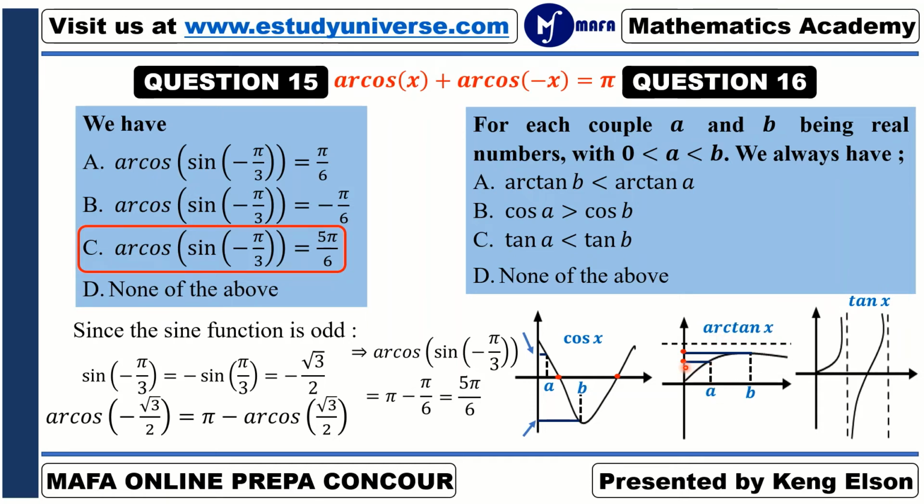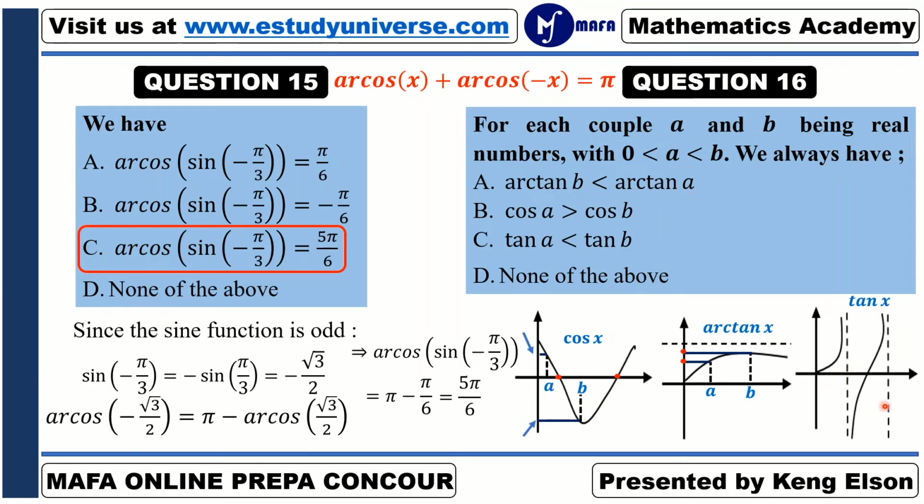Arctan A is below arctan B because A is less than B and arctan is increasing in the positive interval. So clearly arctan B is greater than arctan A. Option A, which says that arctan B is less than arctan A, is incorrect.